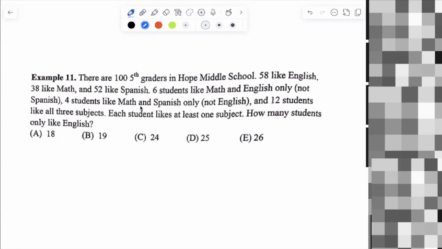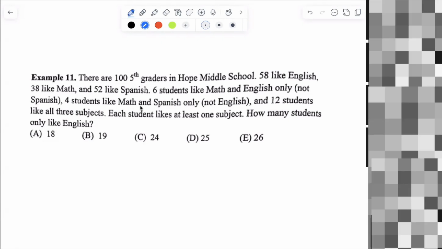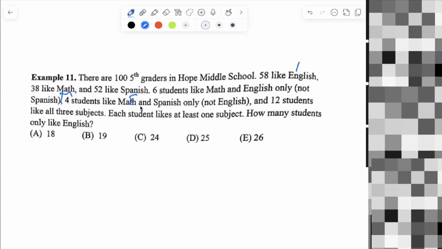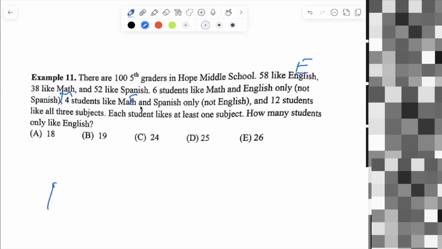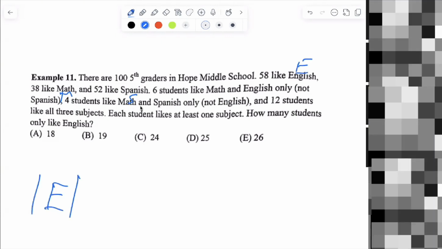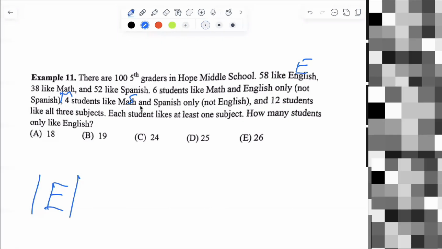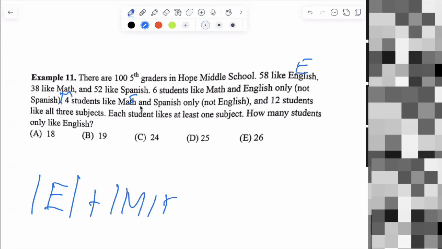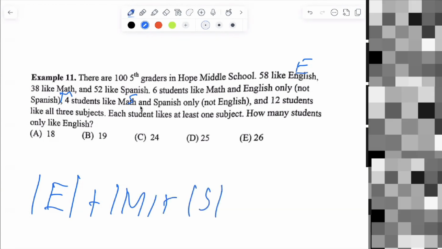So basically, say the sets are English, Math, and Spanish. We let these be E, M, and S. We're going to first find how many elements are in E, plus how many are in M, plus the number of students in Spanish.